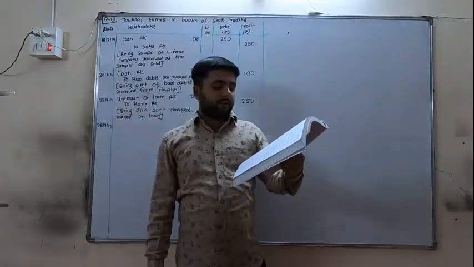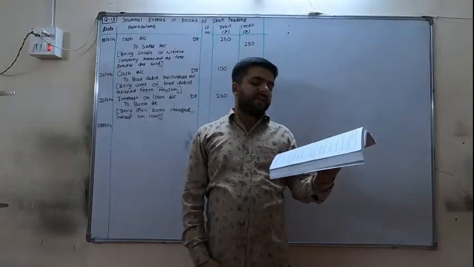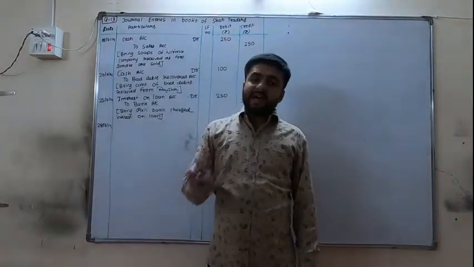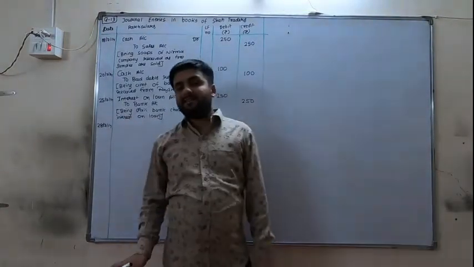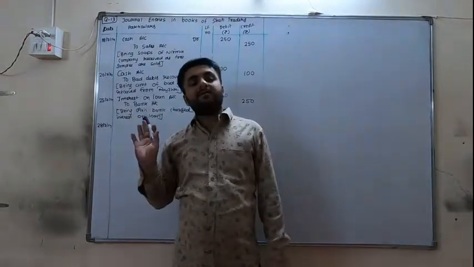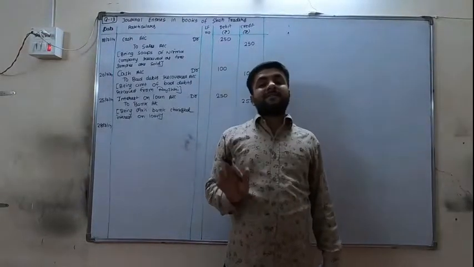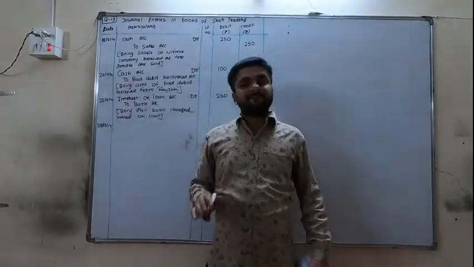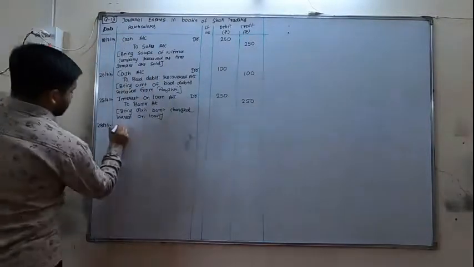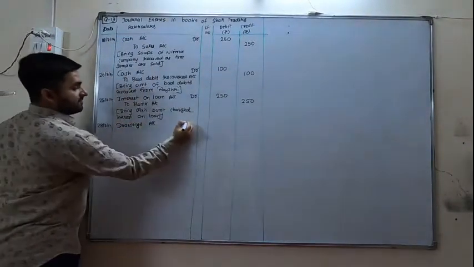Next is 28. Paid 2,000 for painting work of personal building and 1,000 for painting work of shop. We are paying the expense, so cash is credited. We are paying for painting for personal building, so drawings account debit, and we are paying for painting of shop, so it is shop expense account debit, not painting work. As we are paying for personal building, it is drawings, so drawings account debit.